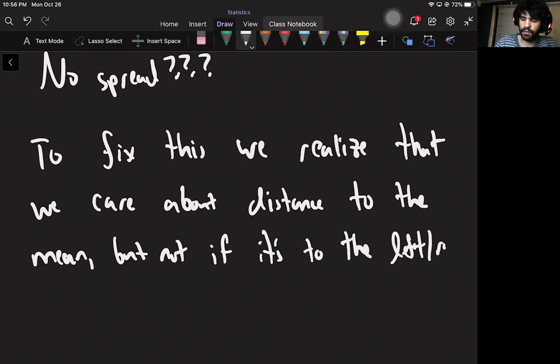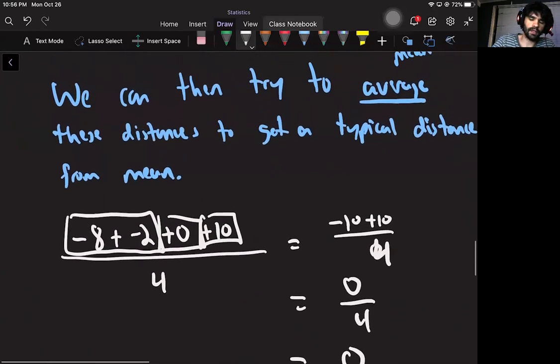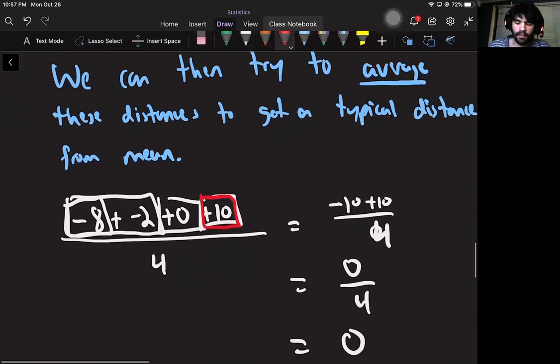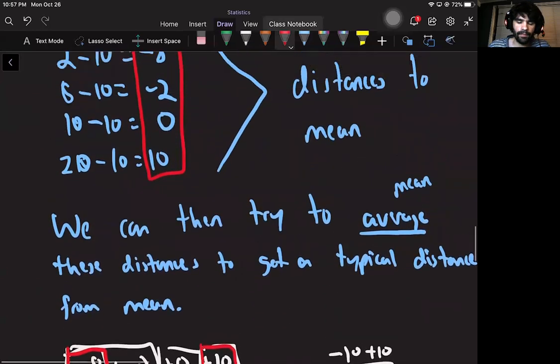We don't care which one it is. And that's what negatives are telling us. This negative 8 right here is really telling us that our data point was 8 away from the mean to the left. And this 10 here is telling us that that data point was 10 away from the mean to the right. But we really just care how far away things are from the mean, not whether they're to the left or to the right, just how generally far they are.